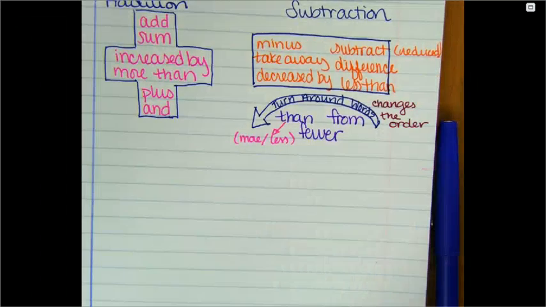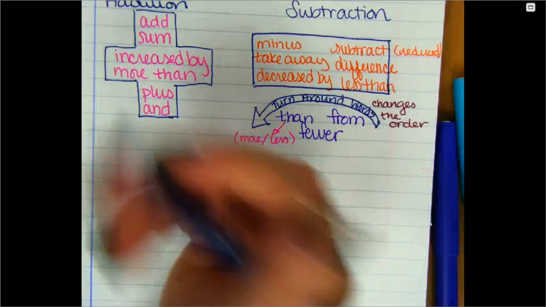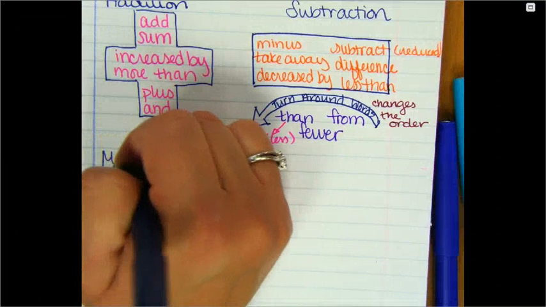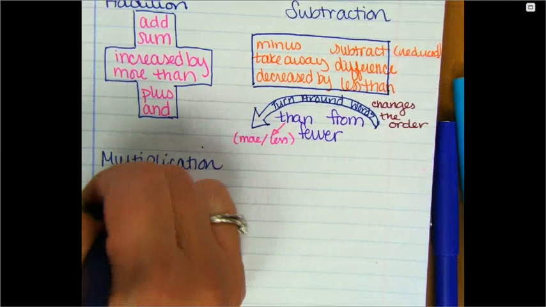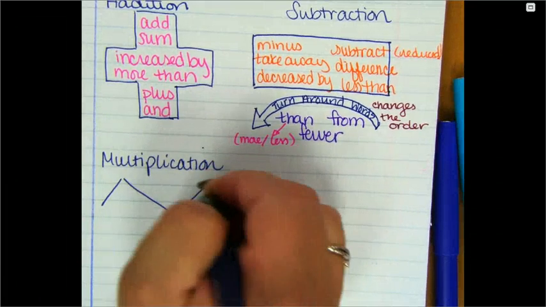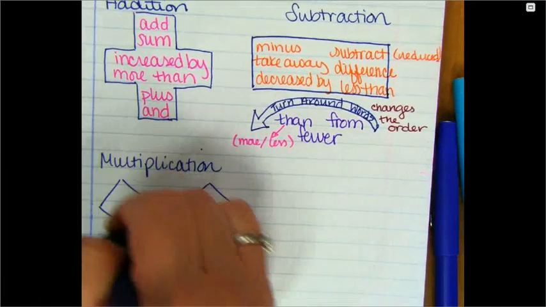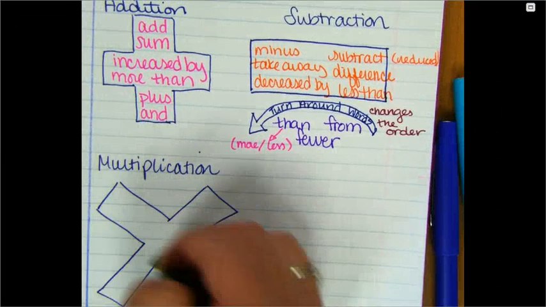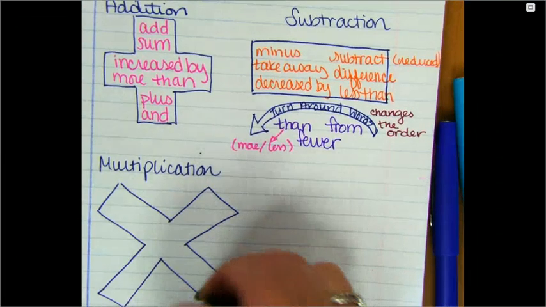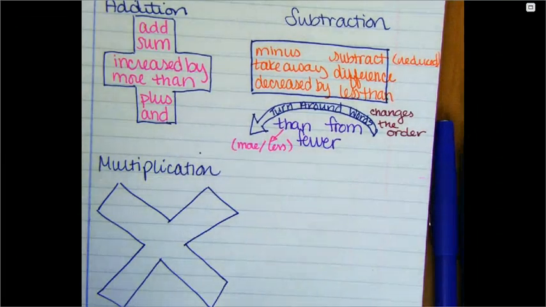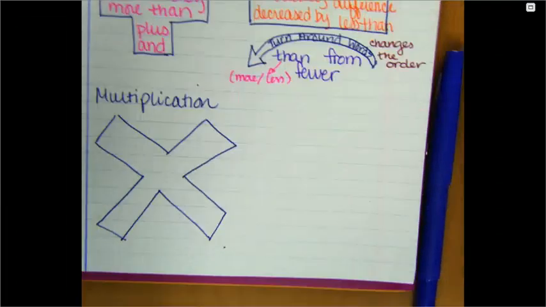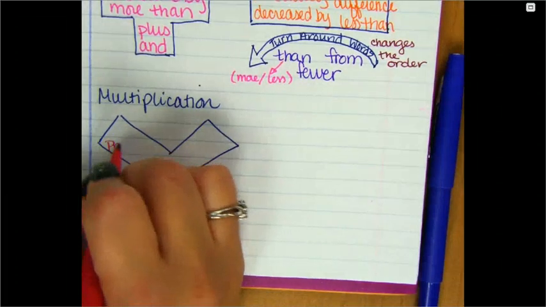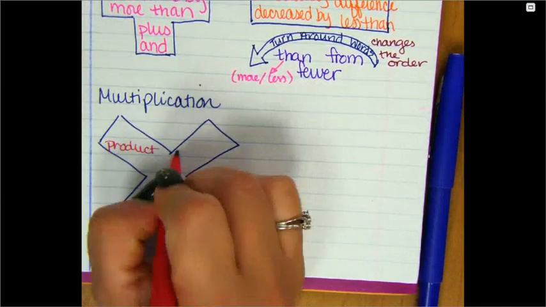All right, we have add, subtract. What comes next? Multiply. So multiplication. I'm going to draw this weird looking X. It works. All right, for multiplication, what words represent multiplication? Products. What else? Multiply.